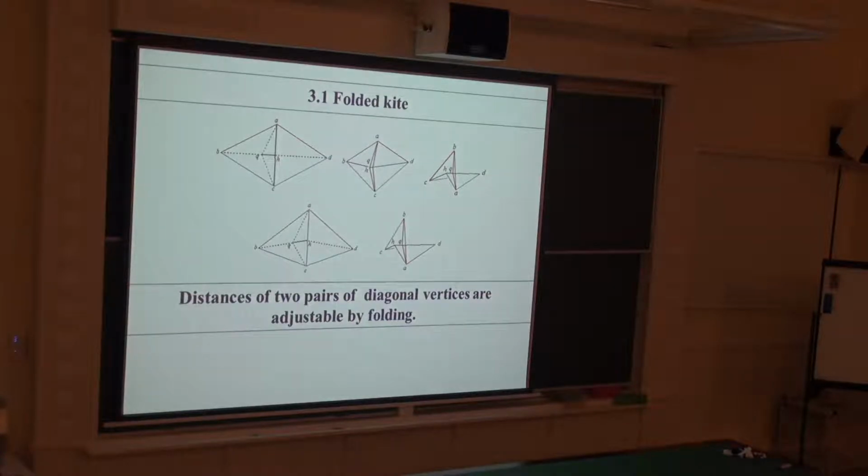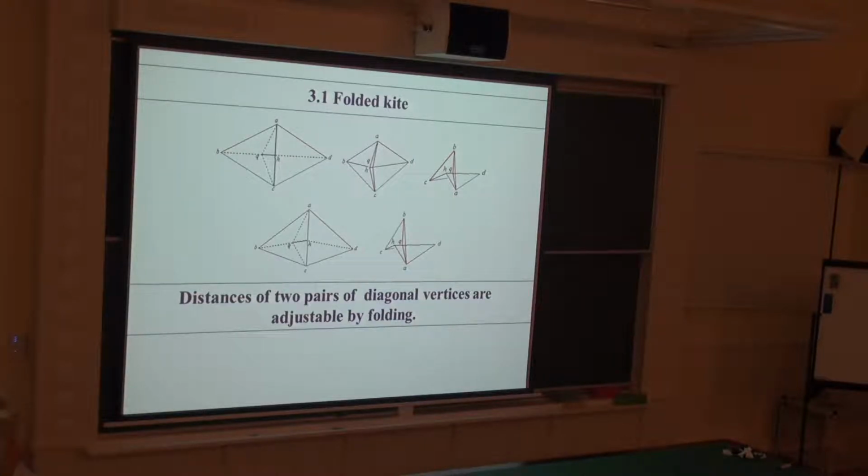So I would like to introduce the kite property briefly. A kite is like this, with the same length here and here. But I want to use a rhombus because it's simple to show. So here is a rhombus. Without folding the four boundary edges, we can adjust the distances of two pairs of diagonal vertices, here and here, by folding this way.